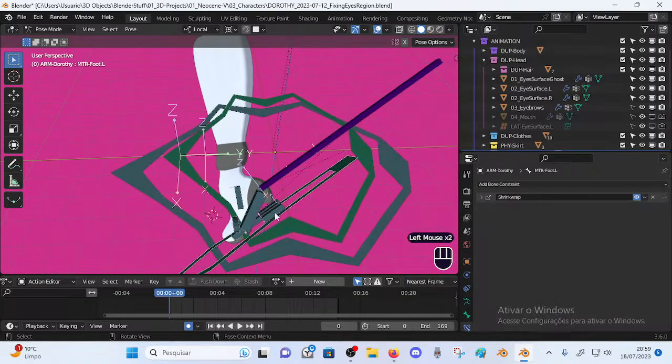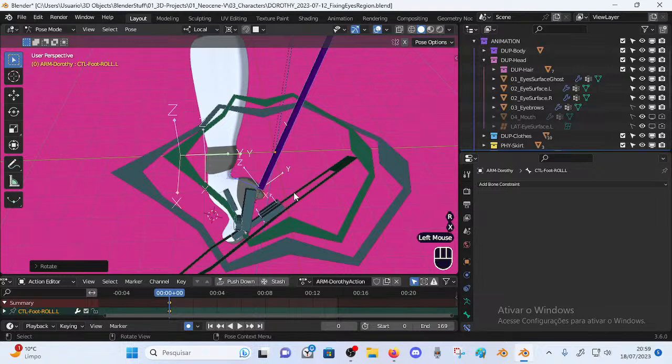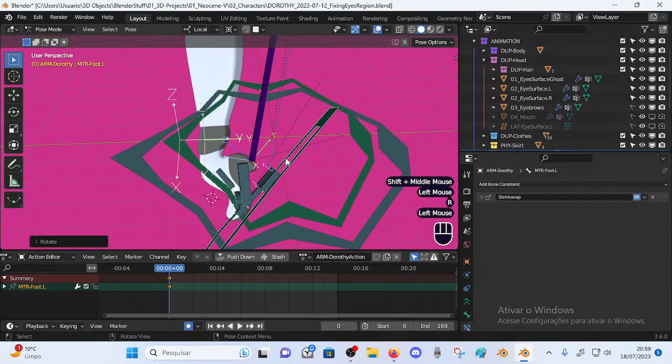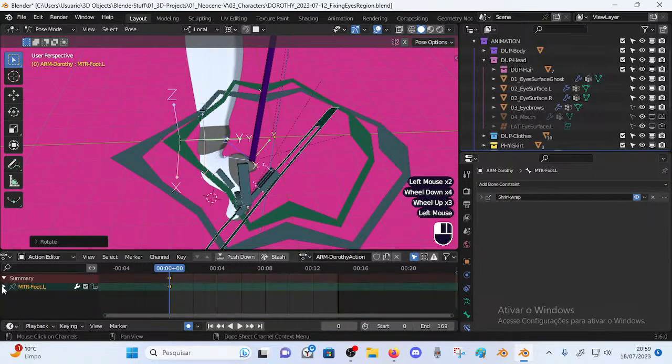The problem is that we have too many posable bones, and this will start to create many layers.